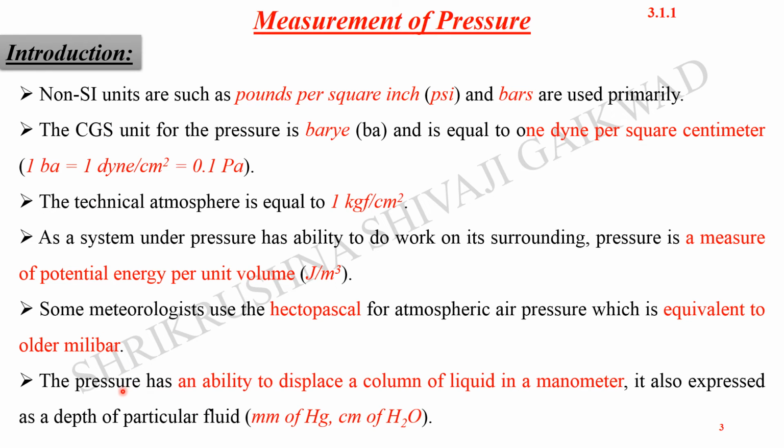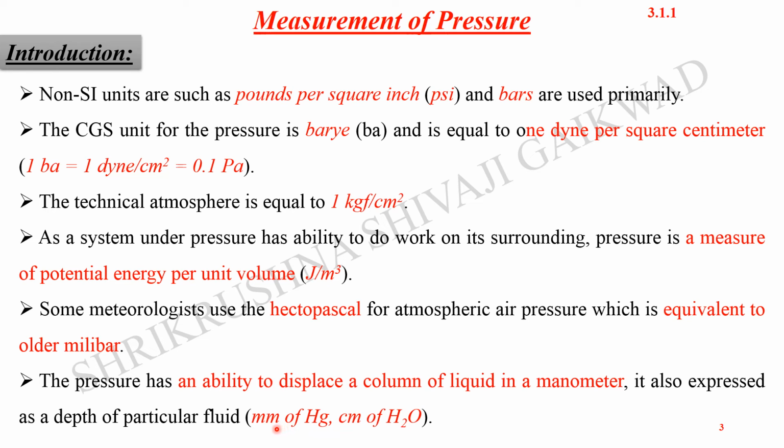Then pressure has the ability to displace a column of liquid in the manometer. A manometer is something like a small capillary, and pressure is also expressed as the depth of a particular fluid, that is, mm of Hg or centimeter of H2O. This is how they are used.